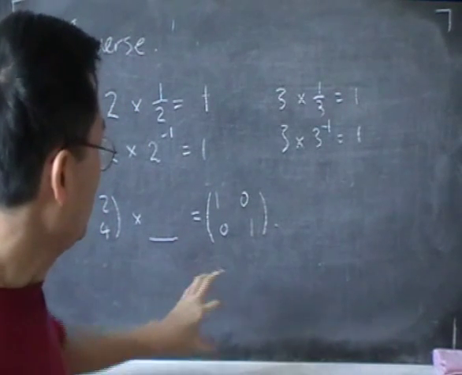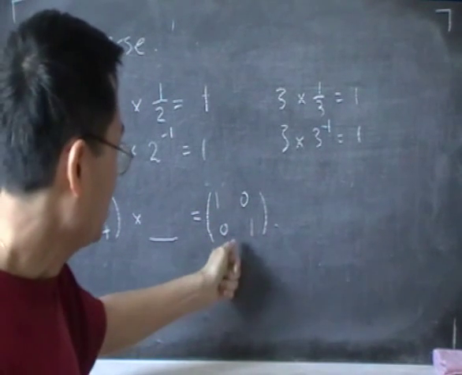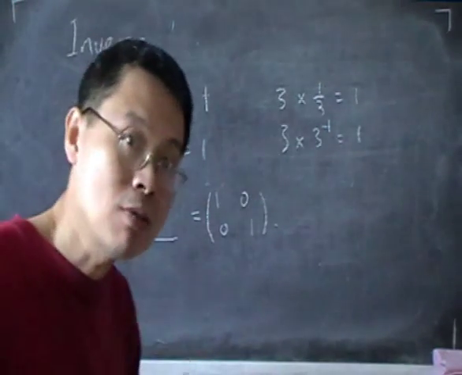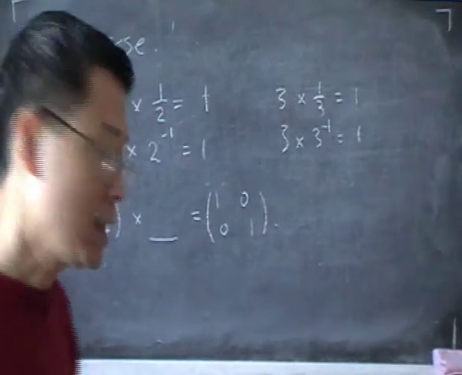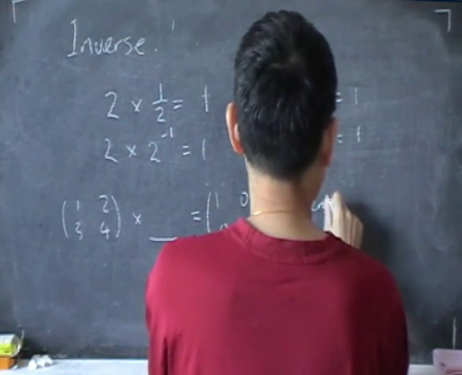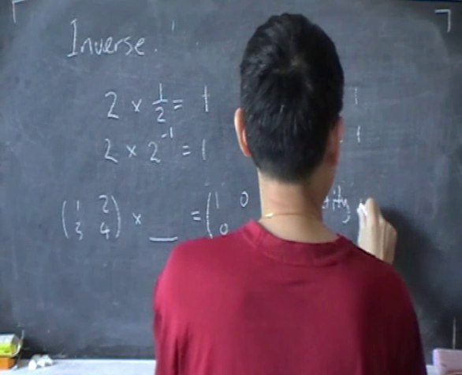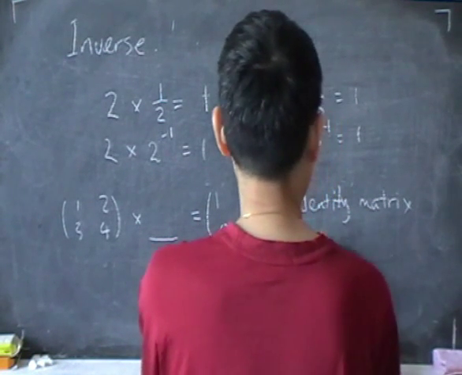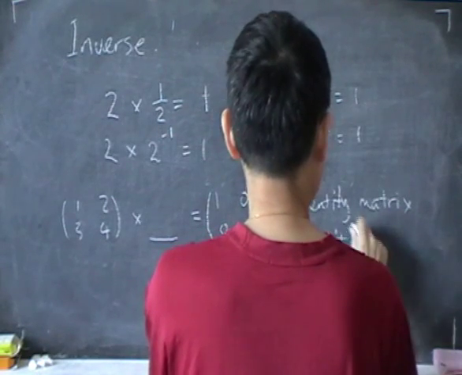They actually have a name for it. They call it the identity matrix, sometimes also called the unit matrix.